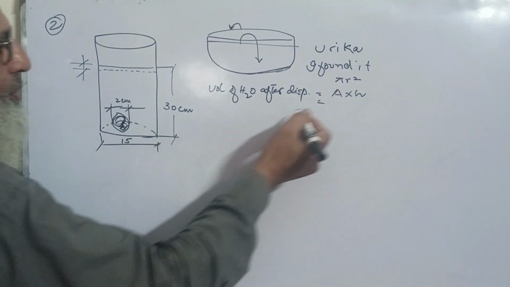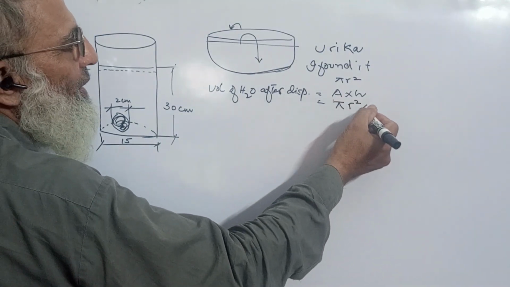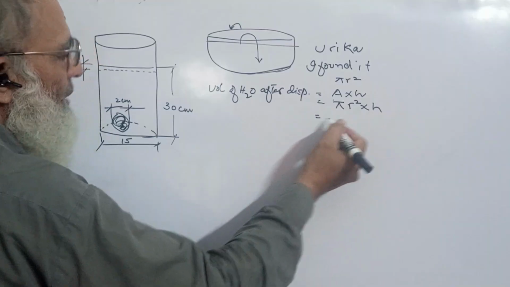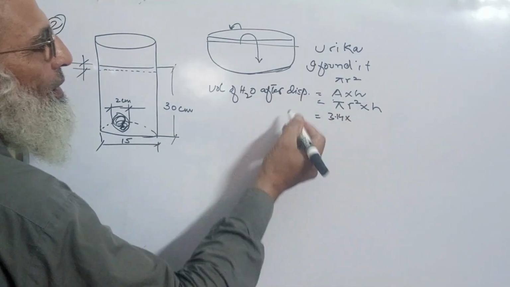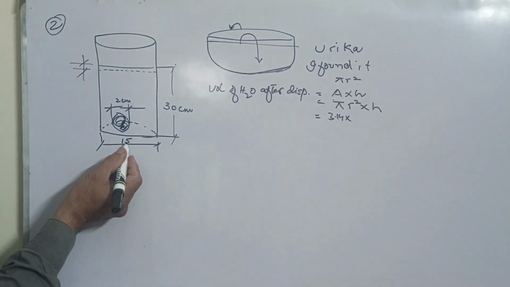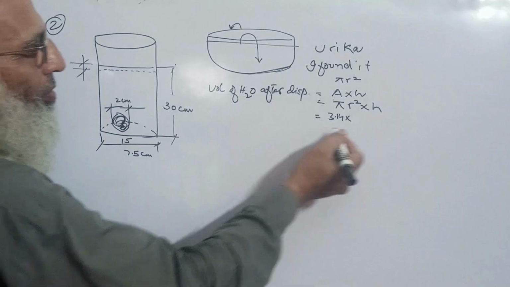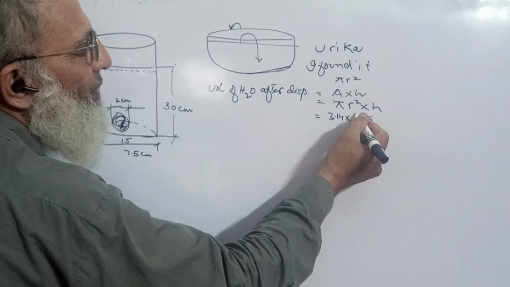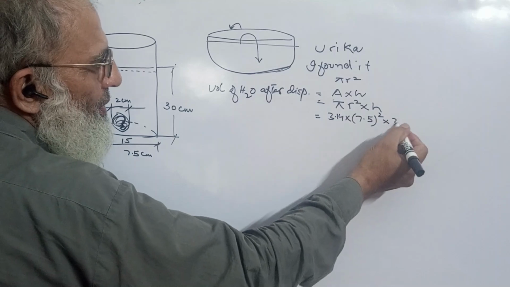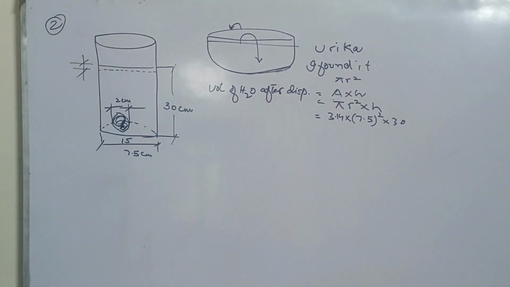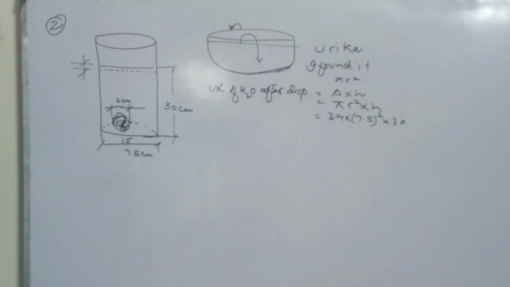So it will be pi r square multiplied by height. Pi is 3.14 as always, and the diameter is 15, so r is half of it, 7.5. 7.5 whole square multiplied by height, which is 30 centimeters. So my dear students, this is the volume of water after displacement.